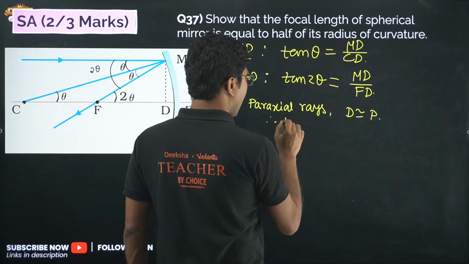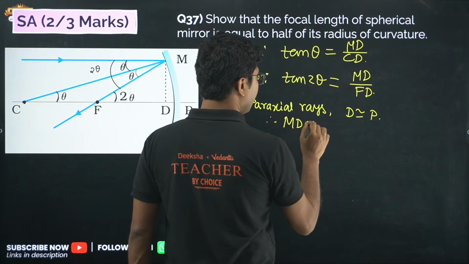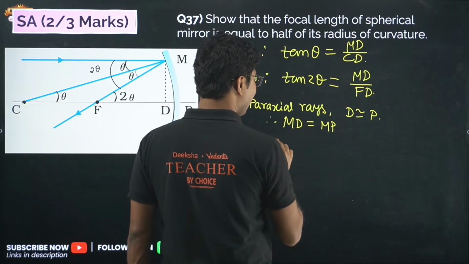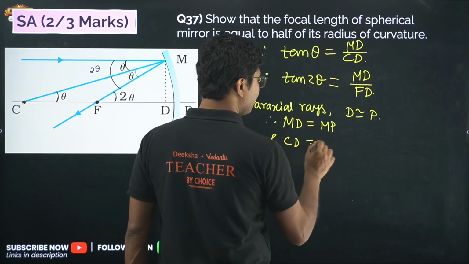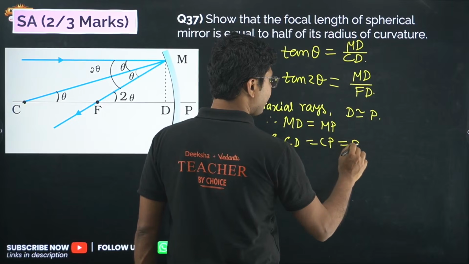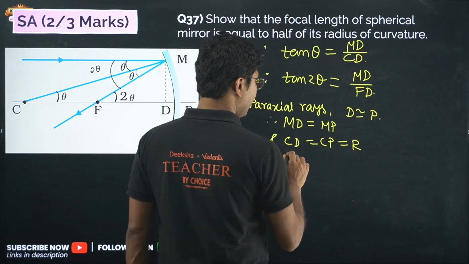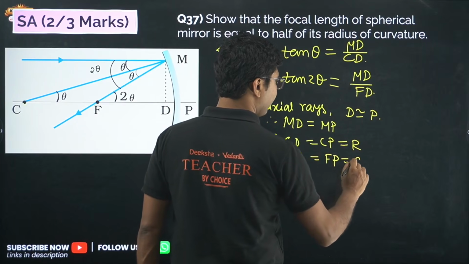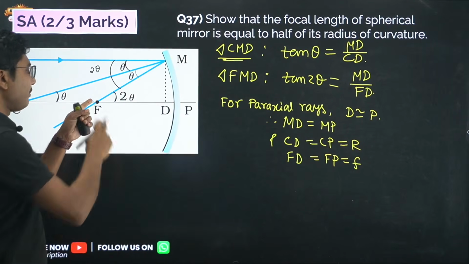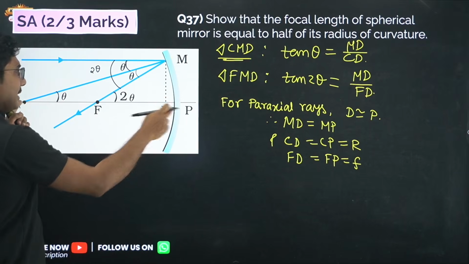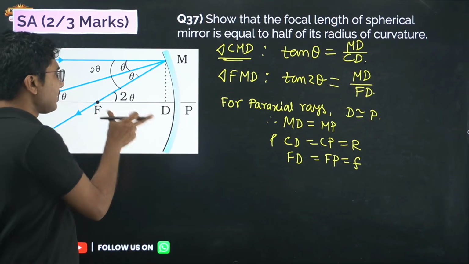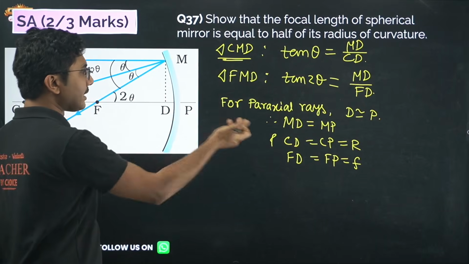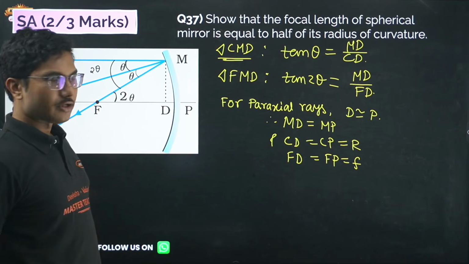Therefore, MD equals MP, CD equals CP equals R, and FD equals FP equals f. FP is the focal length, CP is the radius of curvature. This point D is very close to P, so they are almost coinciding, so we can say that MD is equal to MP.